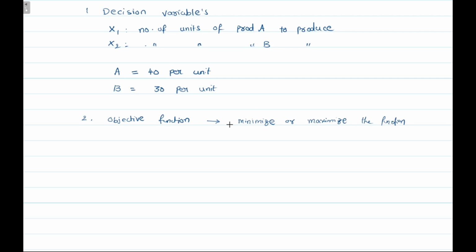So here we are maximizing our profit by producing product A and product B. It can be defined simply as P = 40 x1 + 30 x2. Now how many units x1 and how many units x2 can we produce that will give the maximum profit, that we have to find from this objective function. Because we can substitute any number for x1 and x2, but where will we get the maximum? This is the objective function.